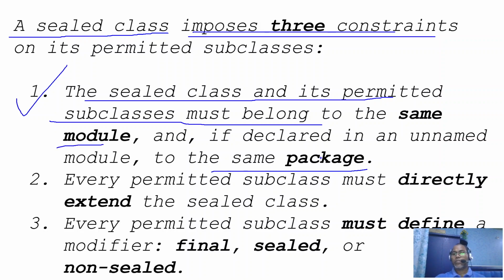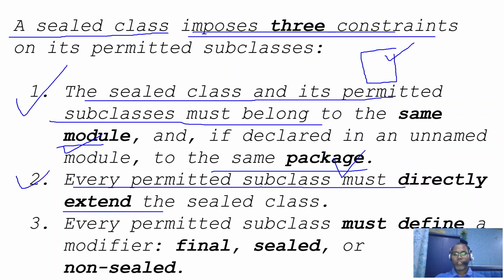So please ensure that whatever interface or sealed classes you define must belong to the same module or the same package. Okay, and second, every permitted subclass must directly extend or implement the sealed class or interface.